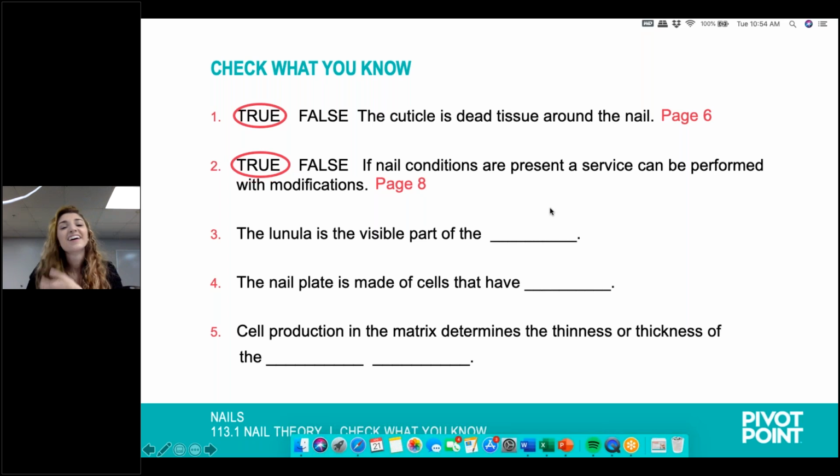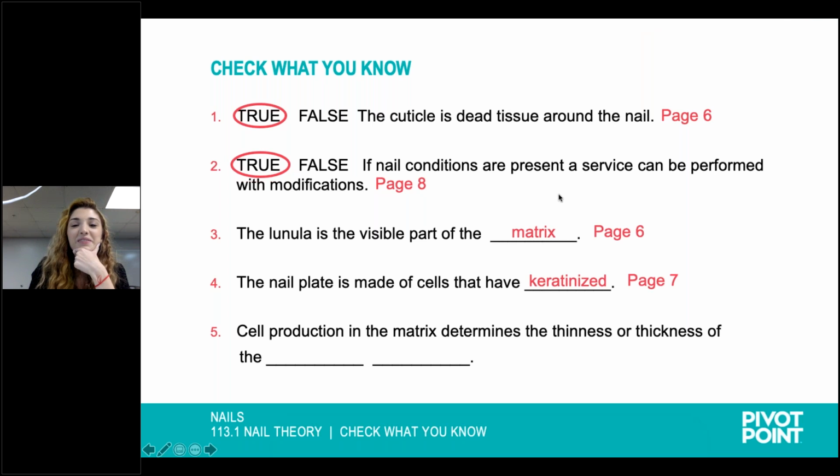Still. All right, the lunula is the visible part of the matrix. So that's going to be the lunula. It's the visible part. You can't see them as well on females, but they tend to be a little easier to see on males, but it's that part down there. The nail plate is made of cells that have keratinized. Exactly.